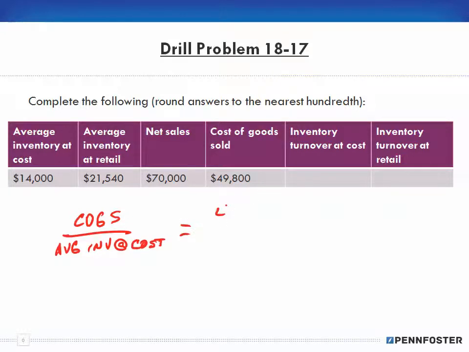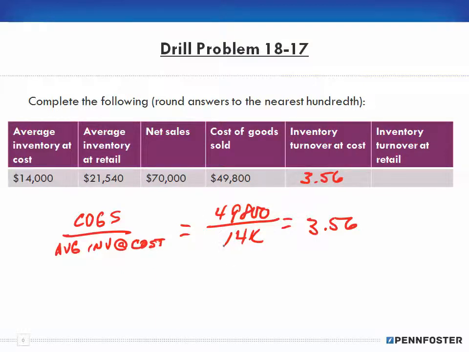So we take the 49,800 and divide that by 14,000, and that gives us 3.56. That's how many times we turn it over.